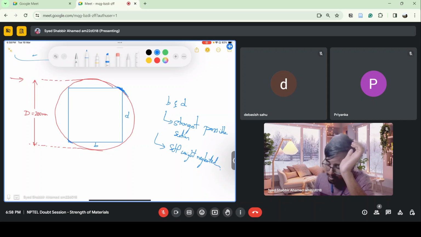So I can cut out different cross sections, right? I can cut out a cross section like this, or I can cut out a cross section like this.